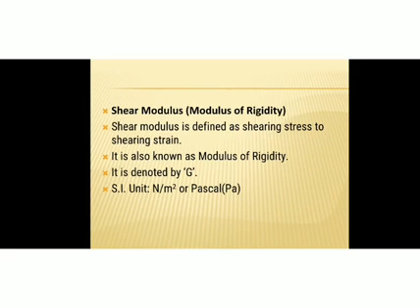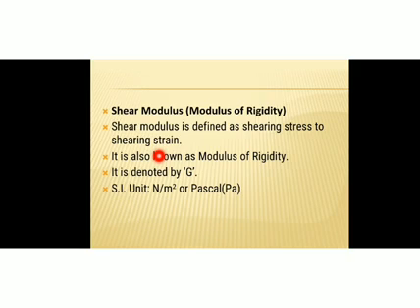Now the next modulus of elasticity is shear modulus, or modulus of rigidity. We had already studied shearing stress, or tangential stress. So shear modulus is the modulus of elasticity related to shearing stress and strain. Shear modulus is defined as the ratio of shearing stress to shearing strain.